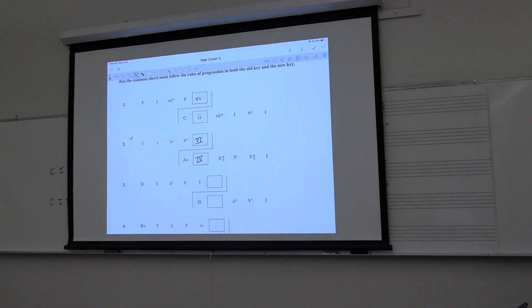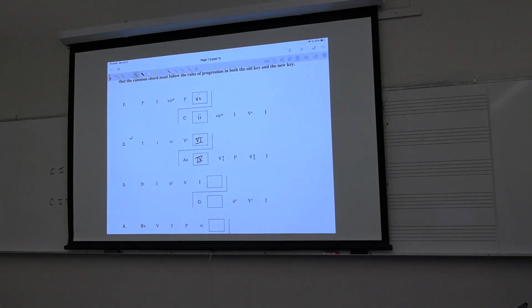So if we did something, you know, again, we're in F minor. I can't read that. So if we have an F minor progression, we're going to go to 4, 5, 7. I'm going to go to inversion.